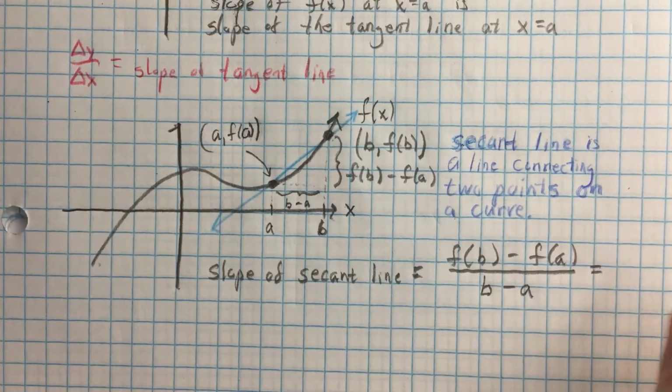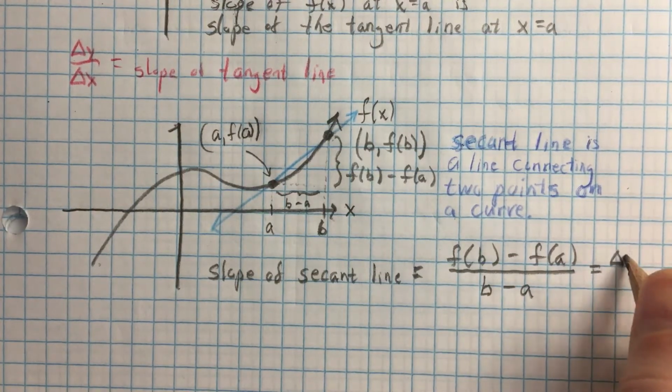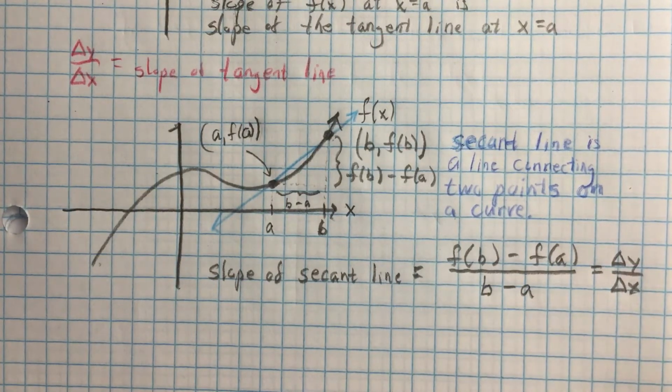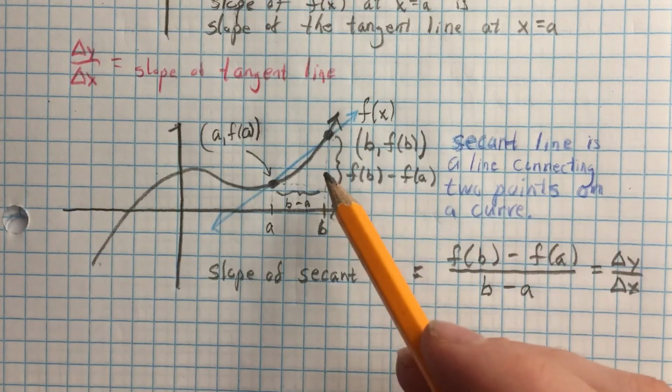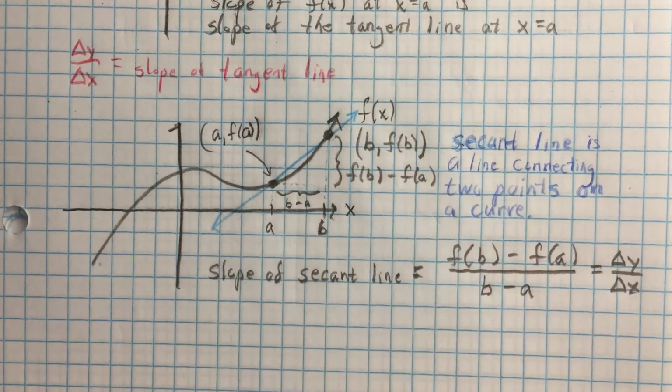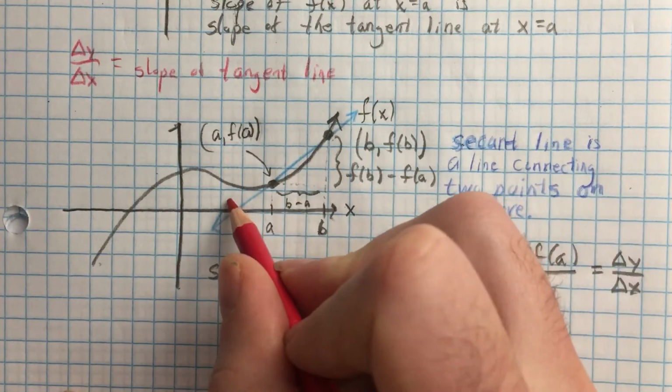Just to write off to the side here, delta y over delta x, the change in the two coordinates for this particular secant line. This is, of course, not the same as the tangent we drew earlier, right? If we redraw the tangent on here, you'll see their slopes are certainly different.